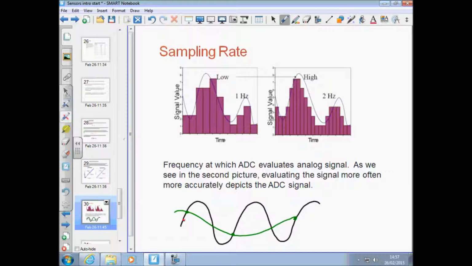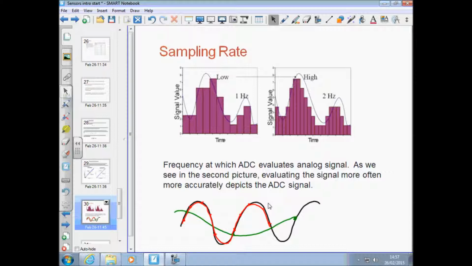If we sample it a lot, we get a better representation of what the real one is.